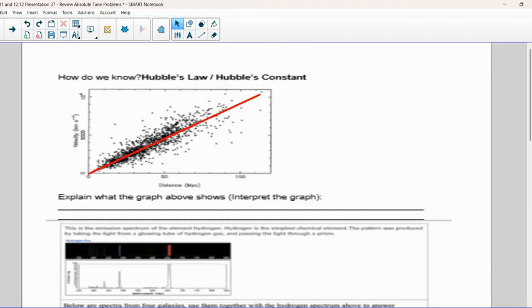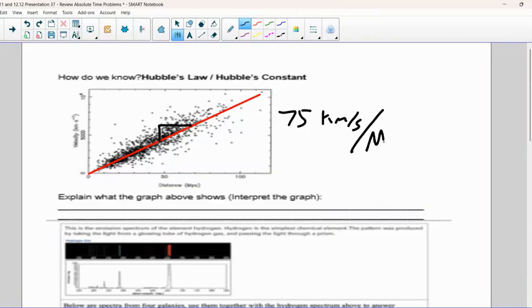And so that's why it's not a set number, but it's about 75 kilometers per second per megaparsec. Where that comes from is if you took the slope of this line, you would get approximately 75 kilometers per second per megaparsec, which means that for every megaparsec away a galaxy is, it will be traveling at 75 kilometers per second.